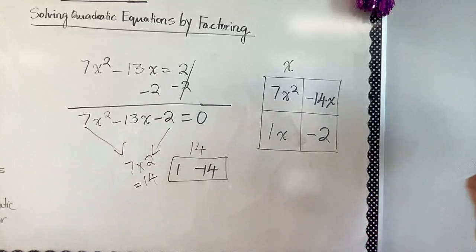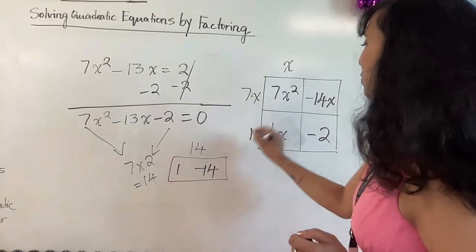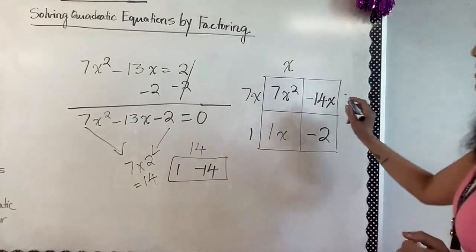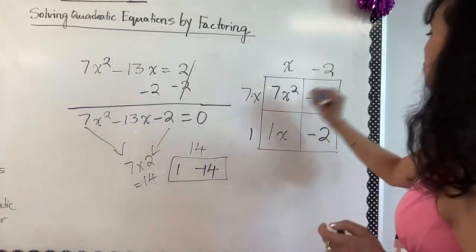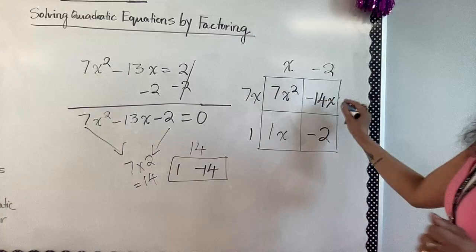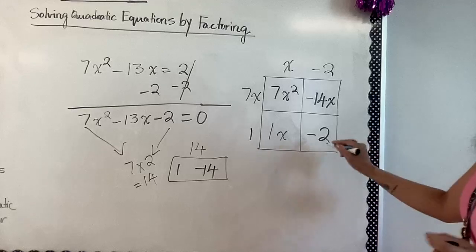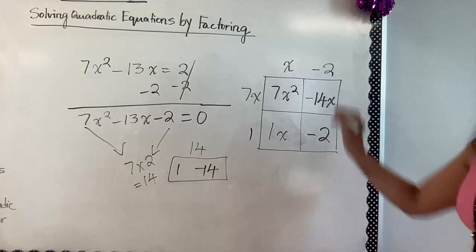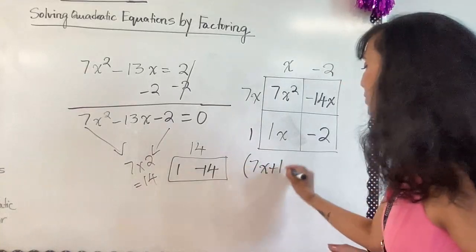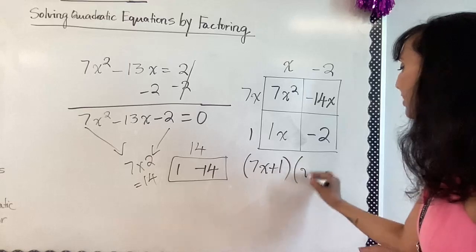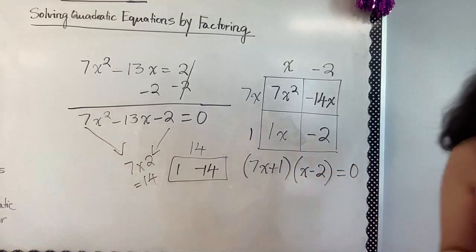And so when I pull out, I get 7x and I get 1. And then 7x times, what do I have to multiply? Times negative 2 is going to give me negative 14x. And then I have 1 times negative 2 gives me negative 2. So my factors are 7x plus 1 and x minus 2 is equal to 0.